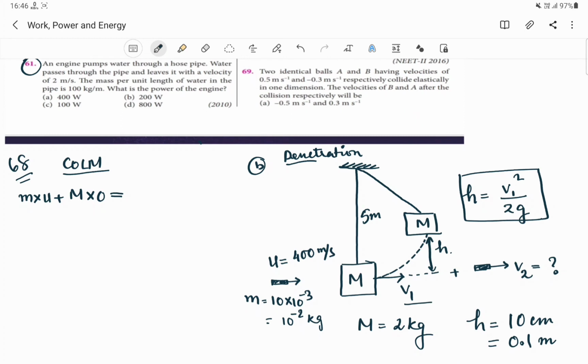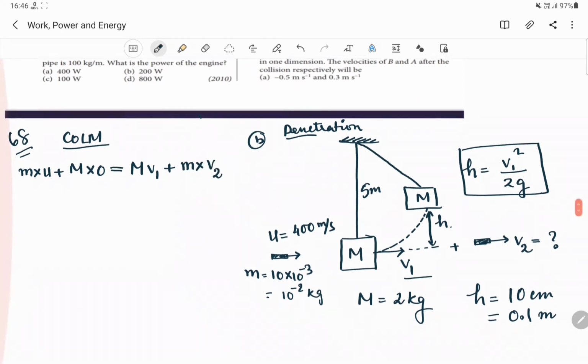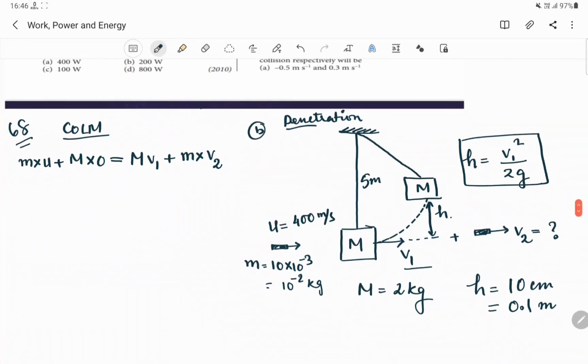What will be the velocity of this block of mass M? It will be v1, so we can write M into v1 plus, and what about v2? This will be mass m into v2.